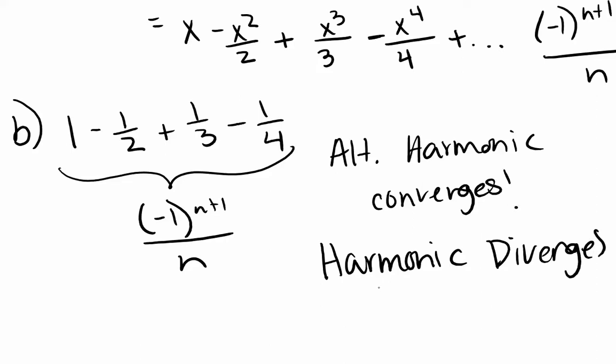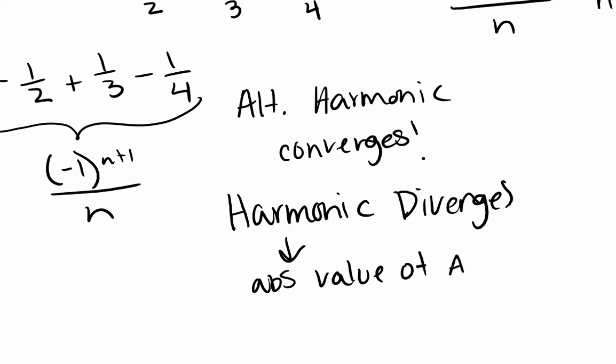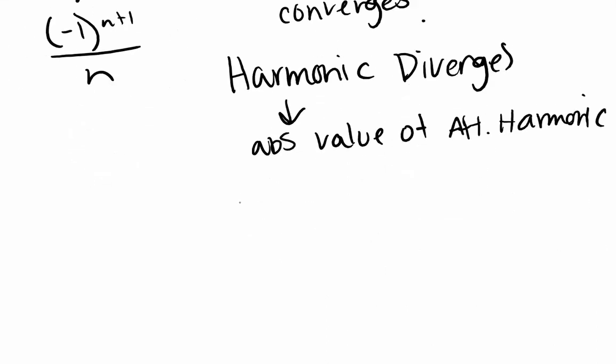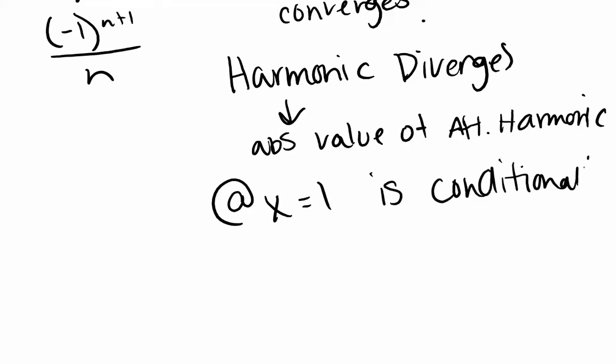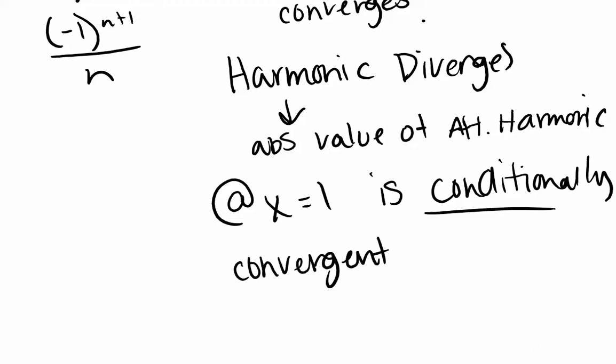And the harmonic series is the absolute value of the alternating harmonic series, which means that this series at x equals 1 is conditionally convergent, since the alternating harmonic series converges.